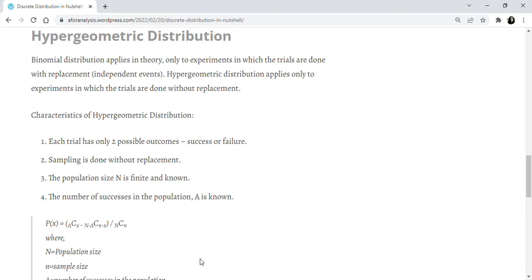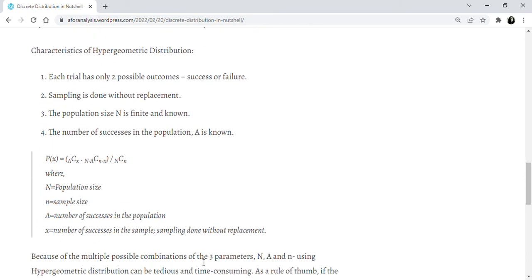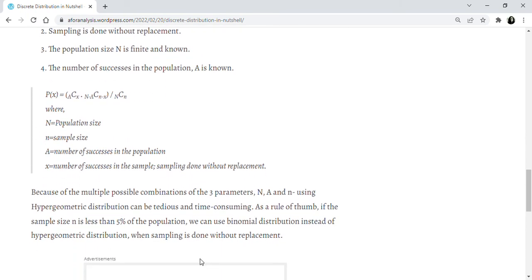Number 3, population size capital N is finite and known. And number 4, the number of successes in the population, capital A, is known. And here the probability of X for hypergeometric distribution will be equal to ACx into N minus A C n minus x by NCn.